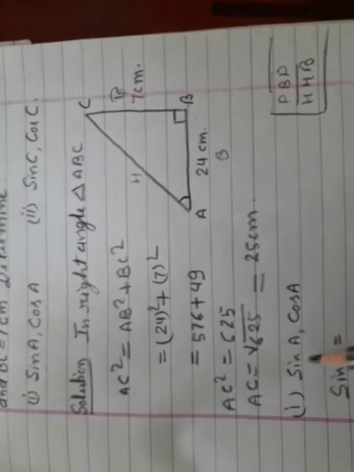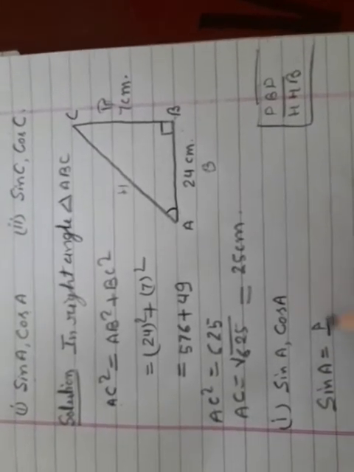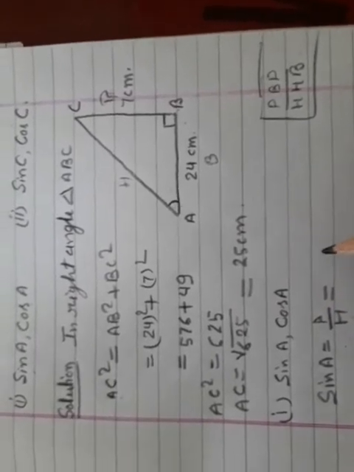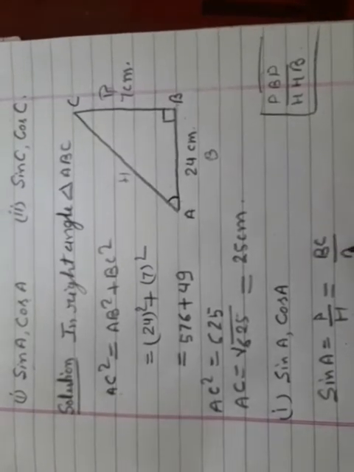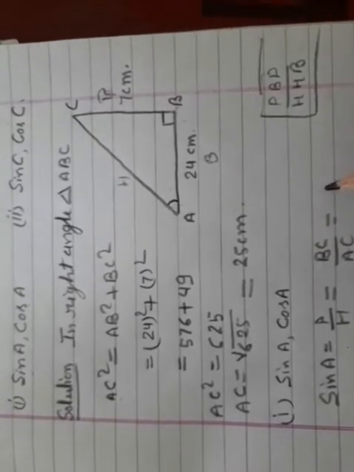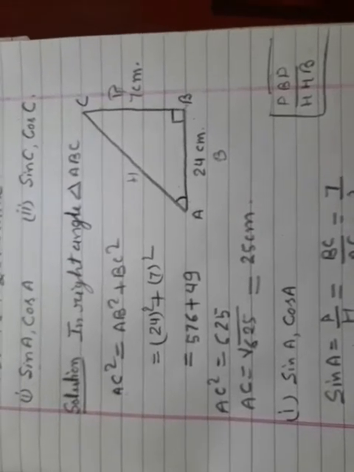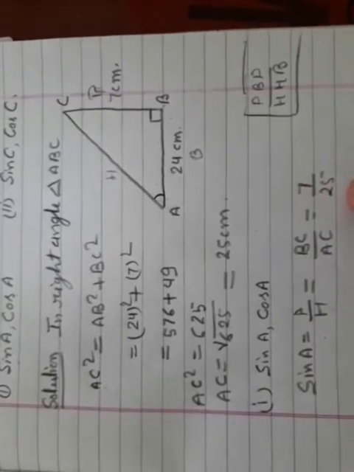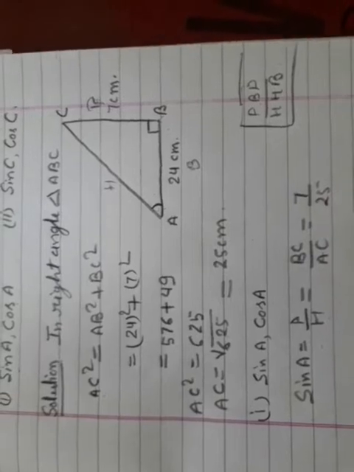So we know that sin A is equal to P by H, perpendicular upon hypotenuse. Perpendicular is BC and hypotenuse is AC. So BC is equal to 7 centimeter and AC is equal to 25. So sin A is equal to 7 upon 25.